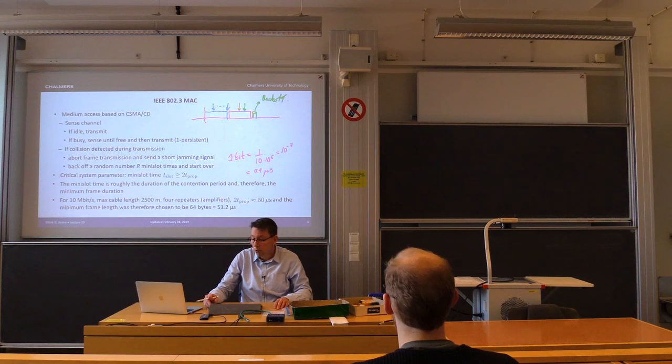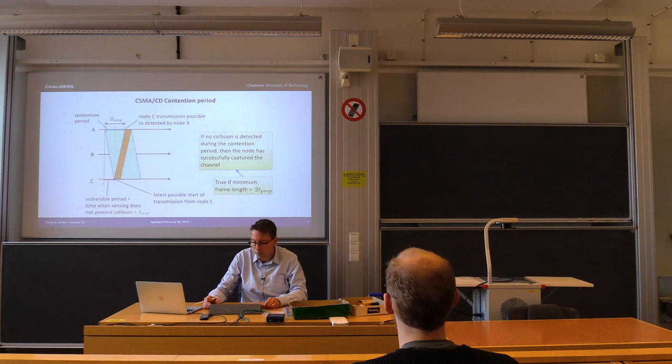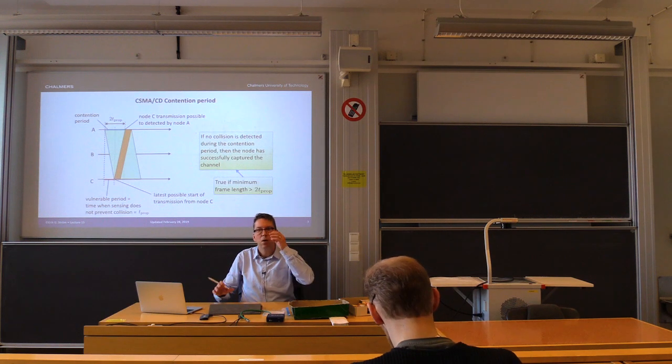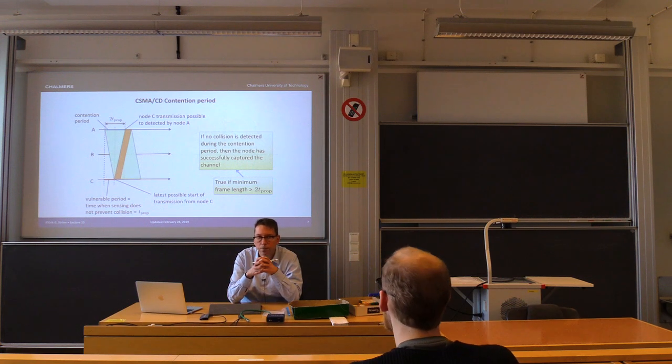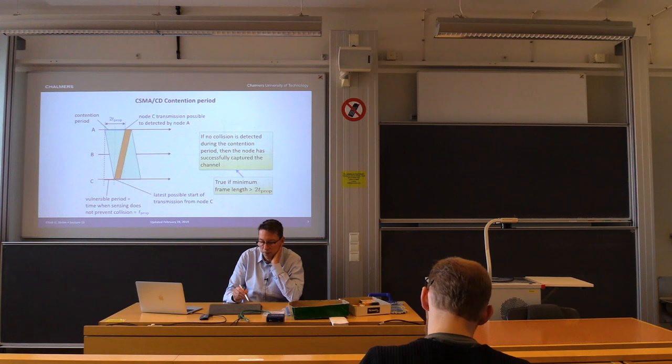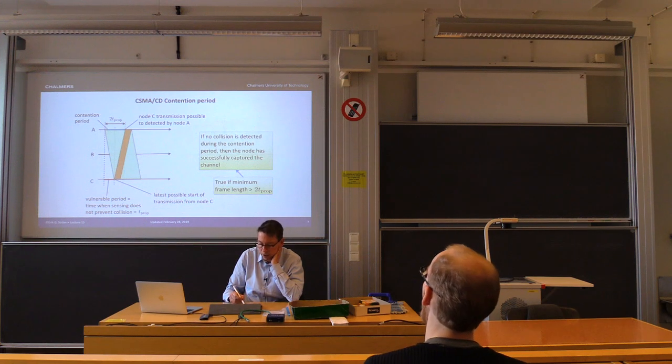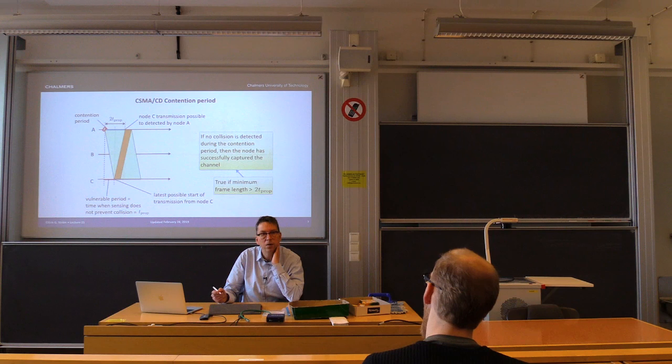Okay? All right, so this minimum frame size and so forth, what does that come from? Well, it comes from that we want to be able to detect all collisions. Okay, and then if A starts to transmit at this time, when is the first time it can notice a collision?